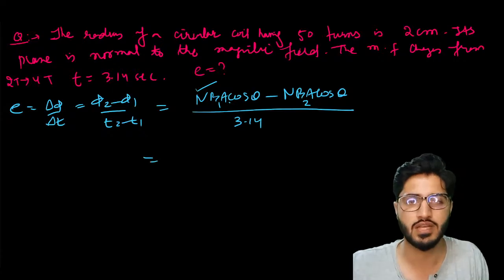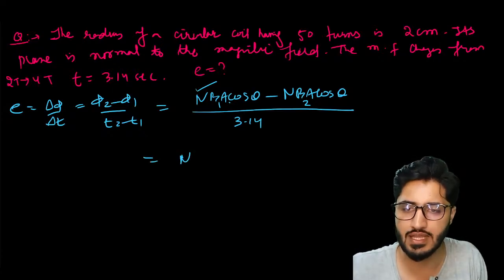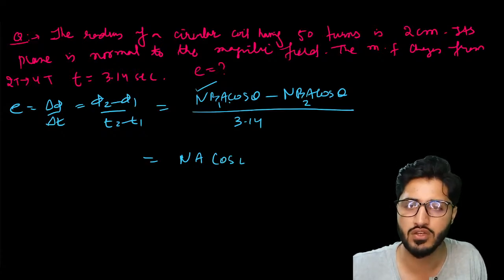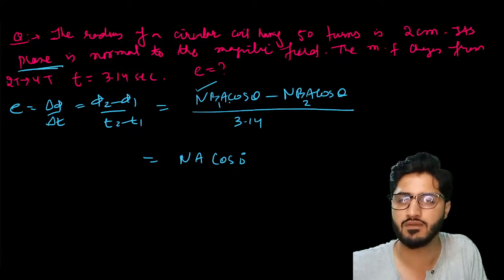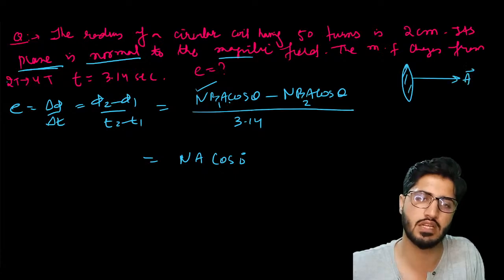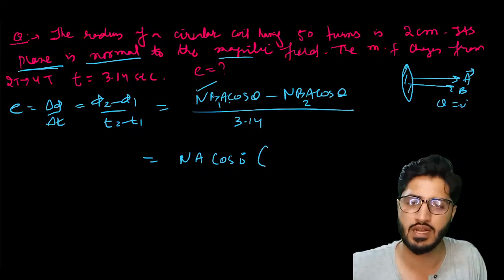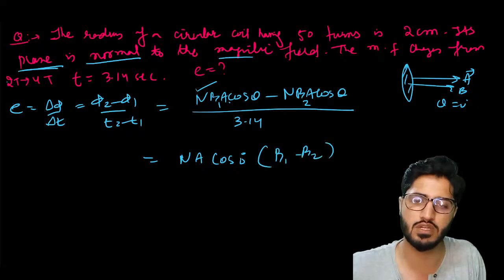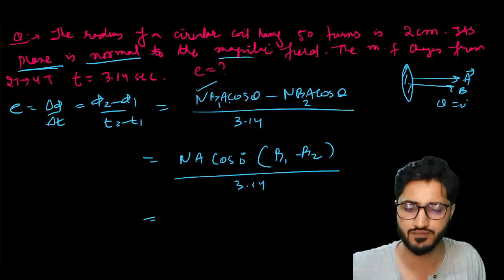So can I take one thing common? I will take NA cos theta. Here we have cos 0 degree only, right? The plane is normal to the magnetic field, so theta is 0 degree. So we have B2 minus B1 divided by 3.14.